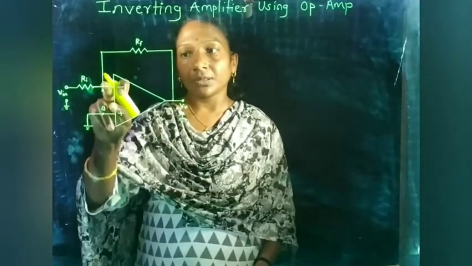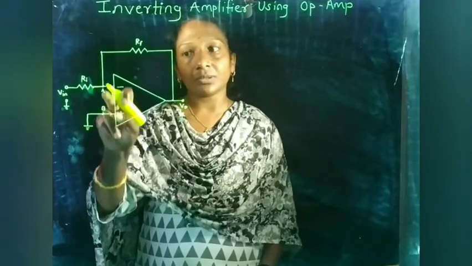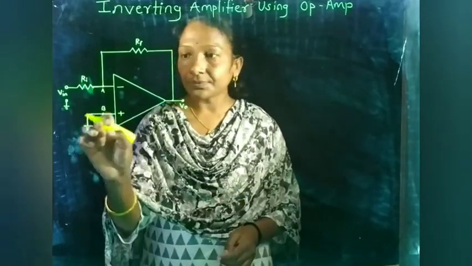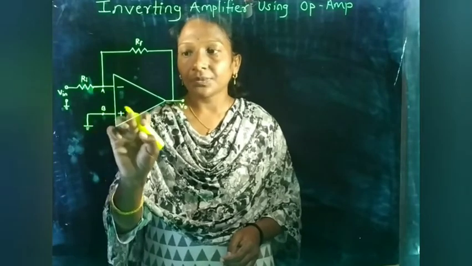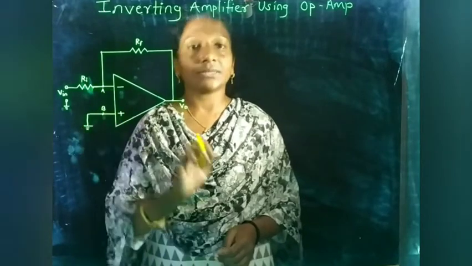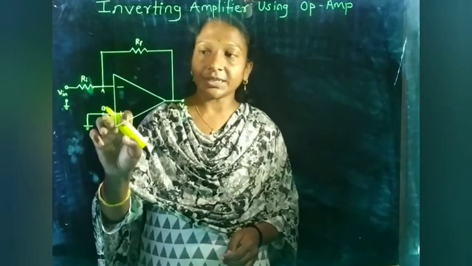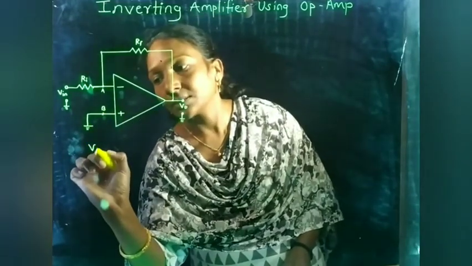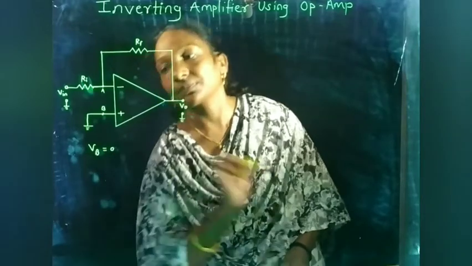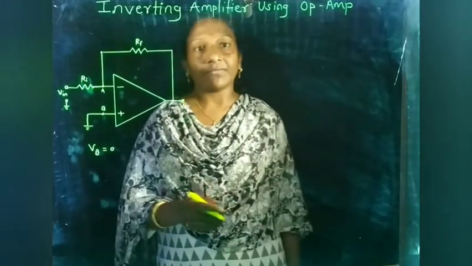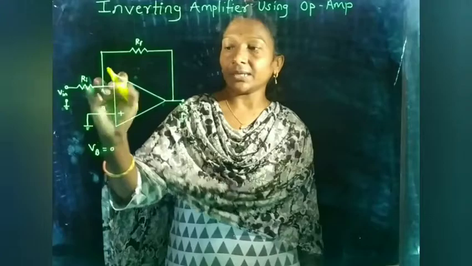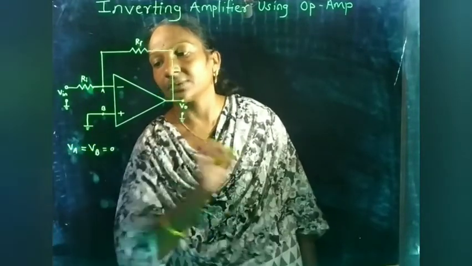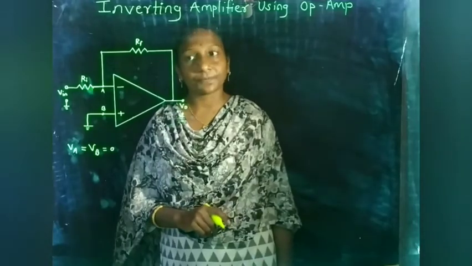Therefore, the voltage at node A and node B must be equal. In this condition, the non-inverting terminal is grounded. Therefore, voltage at this node B is VB equal to 0. And from this virtual ground concept, we say that VA also 0. Means VA is equal to VB is equal to 0.